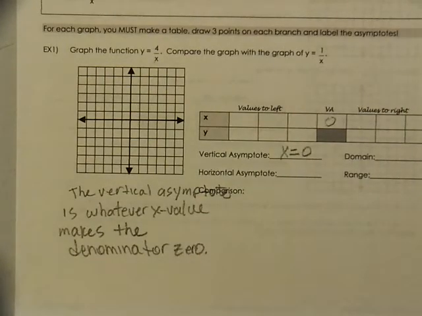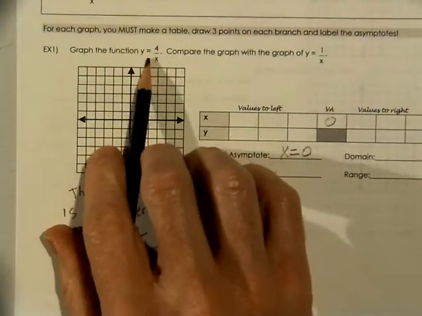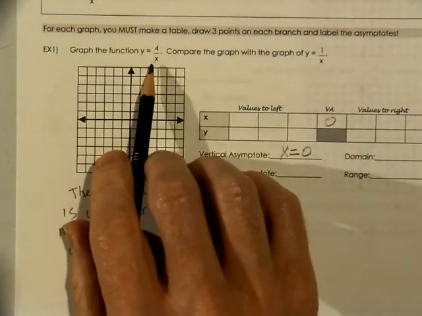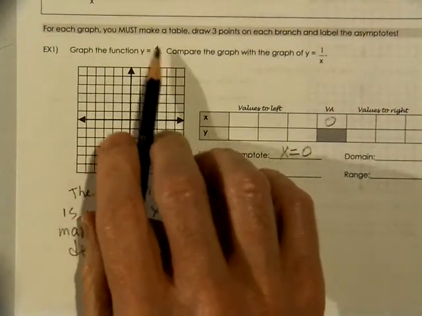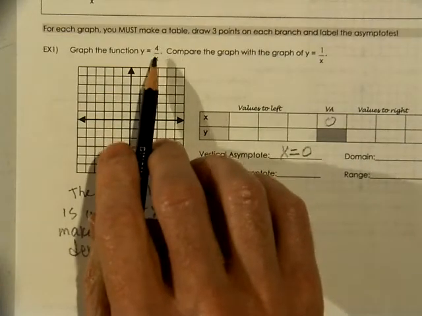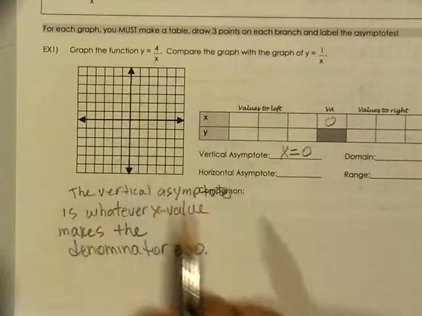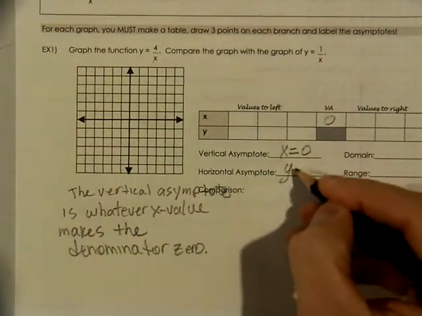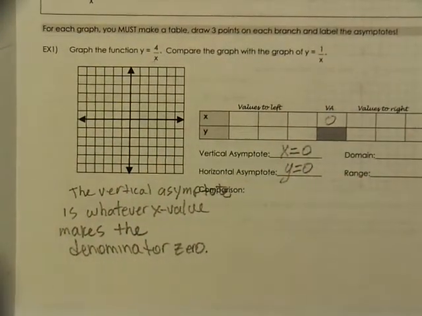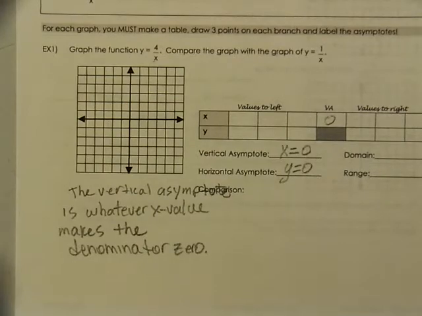And your horizontal asymptote is wherever your fraction can't equal 0. Your fraction here cannot equal 0. Well, the horizontal asymptote is the number it can't equal, and that is y equals 0. Because this fraction can never equal 0.